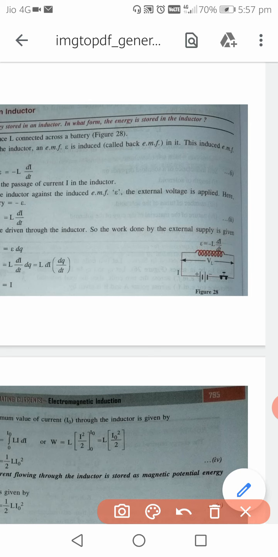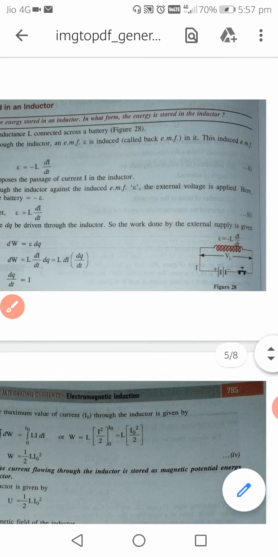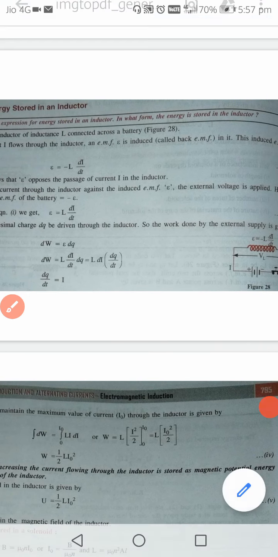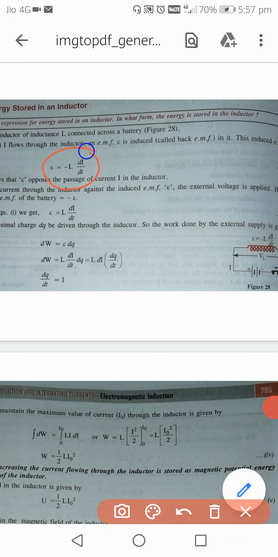So when a small current di is developed in the circuit, there will already be some induced EMF. How much induced EMF will be developed for di development of current? It will be this one. This will be the induced EMF developed in this coil.